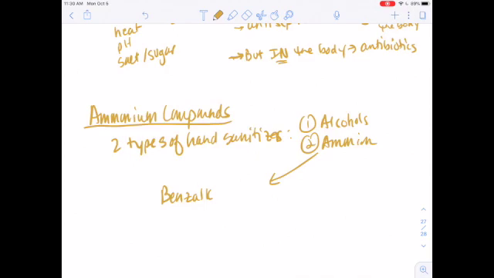Is it benzyl? Benzalkonium chloride. It's very common in hand sanitizers, and it appears to be very non-toxic. So it's in some hand sanitizers, but apparently it works better as a disinfectant.